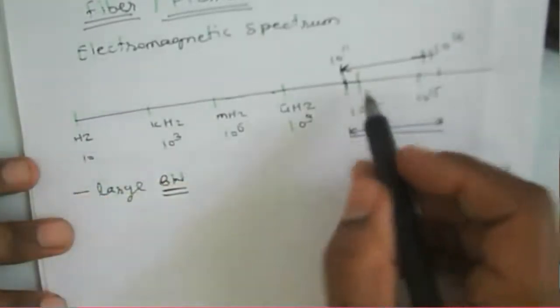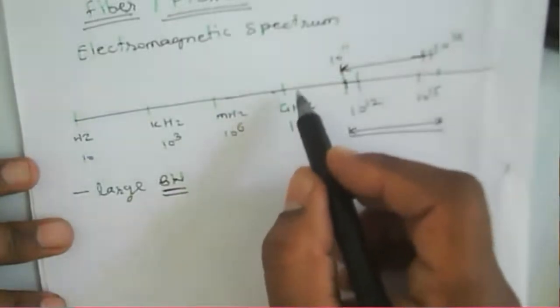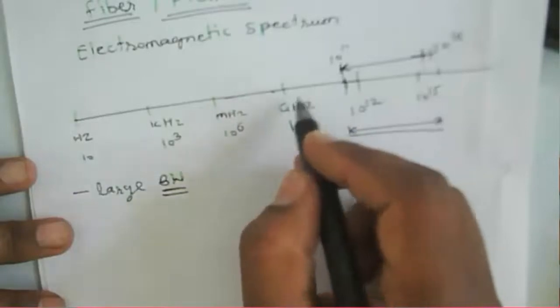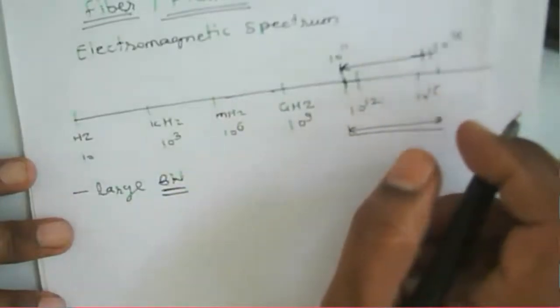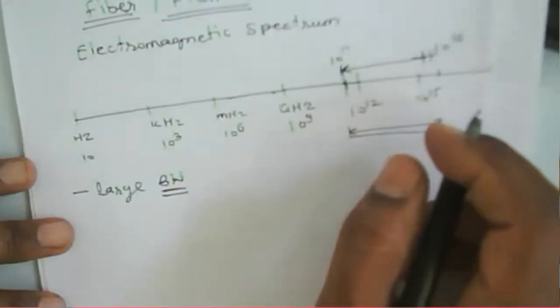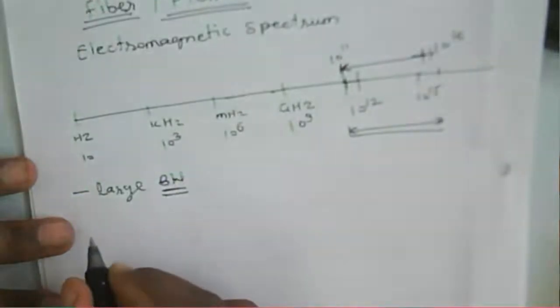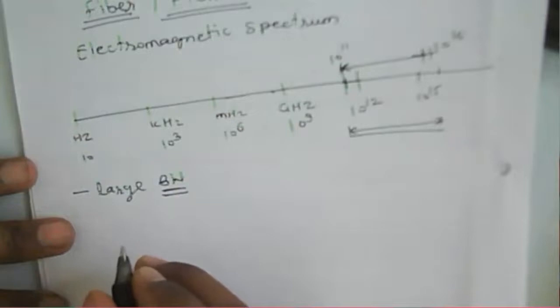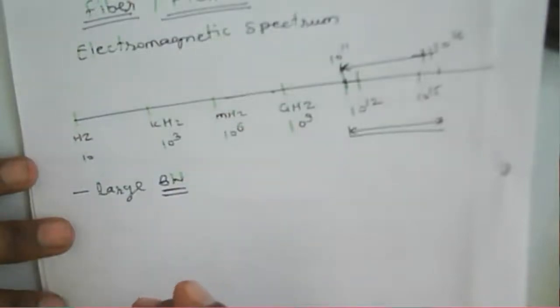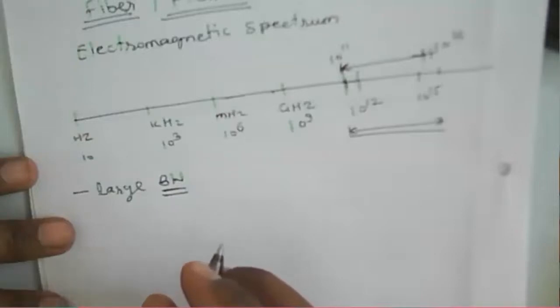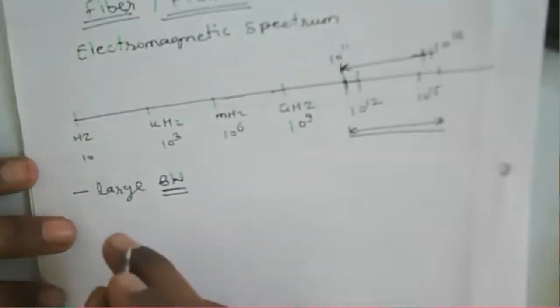Right now people are using mobile communication in gigahertz, the large bandwidth. Above that, this will work. So we'll get a large bandwidth while using the fiber. And our aim is to learn what will be the bandwidth of each and every fiber and how that bandwidth of the fiber will change. Okay, that we need to learn.